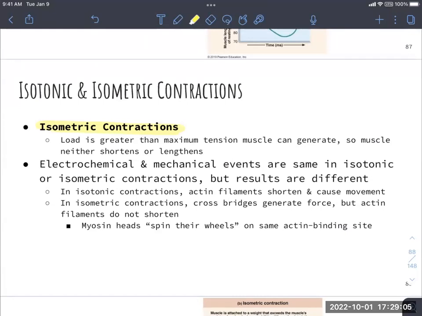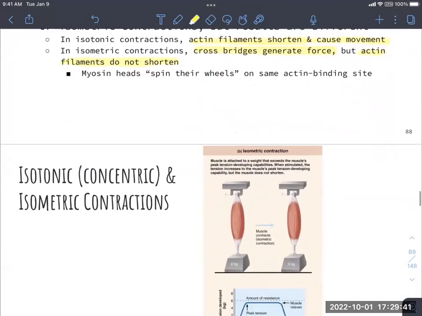In that isometric contraction, cross bridges try to generate the force, but those actin filaments do not shorten. Like those myosin heads, as your book says, they spin their wheels on the actin binding site. They try. They're trying to cock those heads to move. They just can't do it.